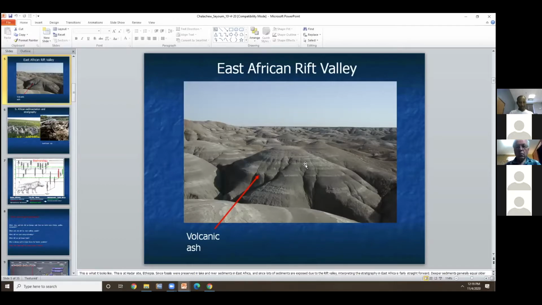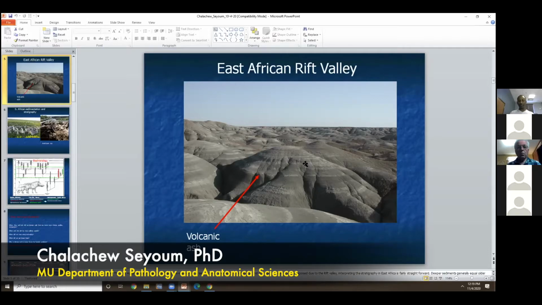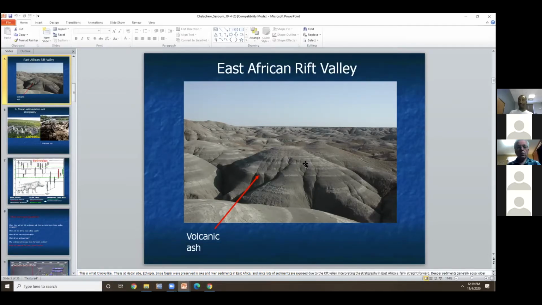So this is what it looks like today, and this is one of the sediments in Hadar in Ethiopia. Since the fossils were preserved in lake and river sediment in East Africa, and lots of sediment is exposed due to the continued rift system even after the deposition, interpreting and reconstructing the stratigraphic layers of these sediments in East Africa is fairly straightforward compared to South Africa.